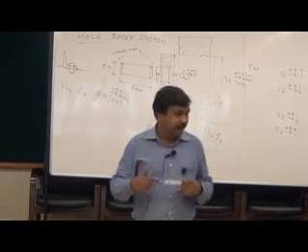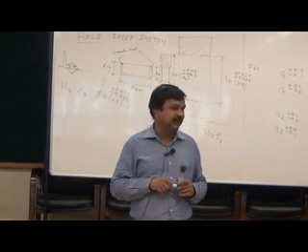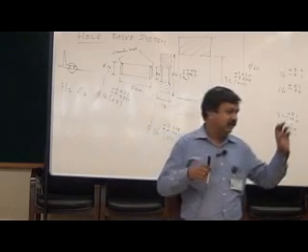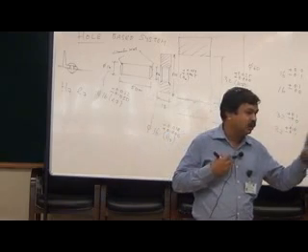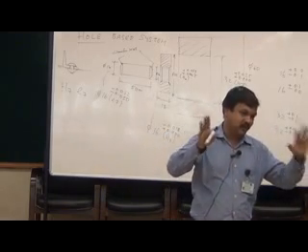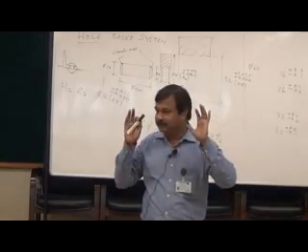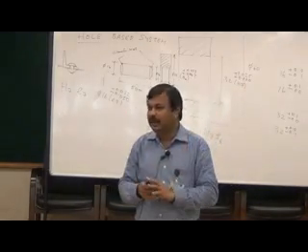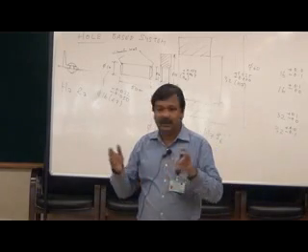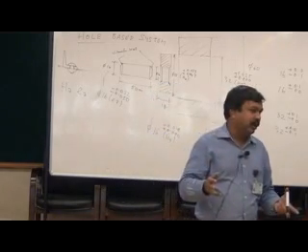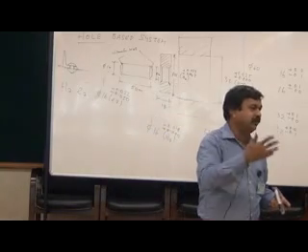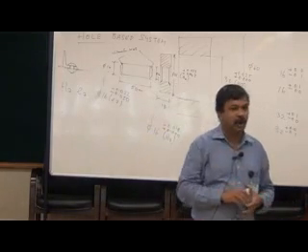Then comes the implementation, the embodiment design phase, wherein we have converted a concept into a body. Concept is only an idea. In the embodiment design, we have given a body to the concept, and the output of the embodiment design is the detailed design of the product in the form of a drawing or model.